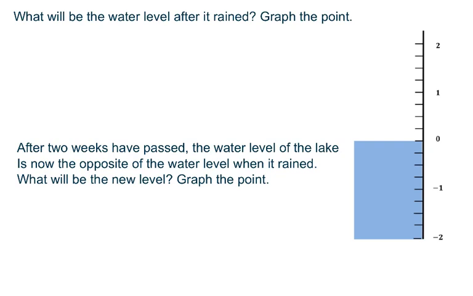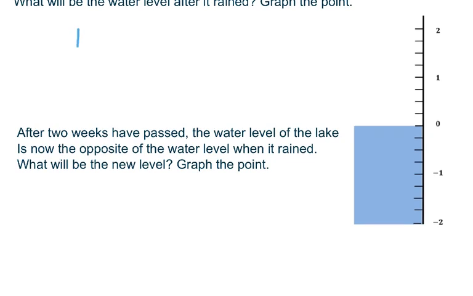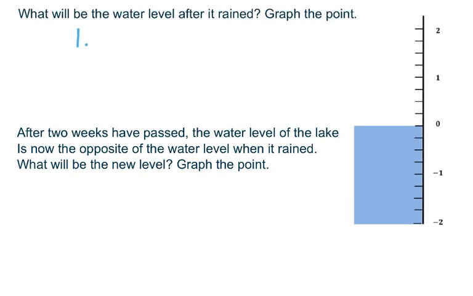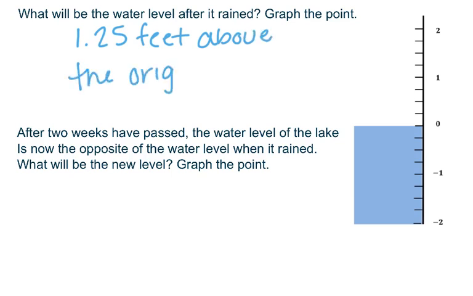We know that the water rose 1.25 feet, so our new water level is going to be 1.25 feet above the original height. Now let's graph our point.